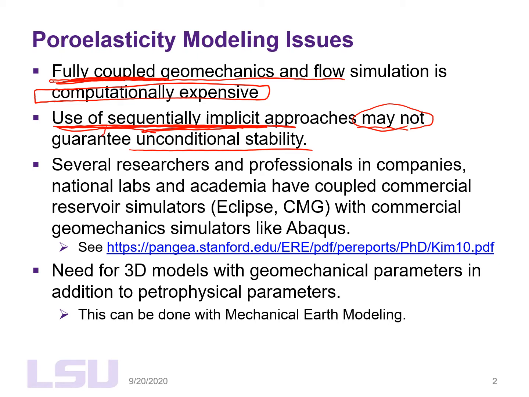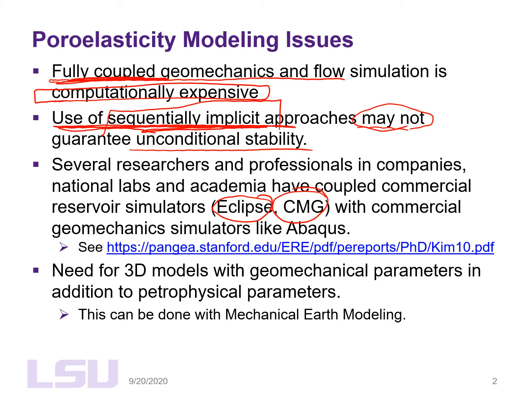So what do these approaches do? They basically will solve one problem first, then get the results from that problem and transfer that to the next problem. For instance, we solve the flow problem first, and we can solve it using Eclipse or CMG or your own in-house simulator. So you get the pressure solution after running the Eclipse model.